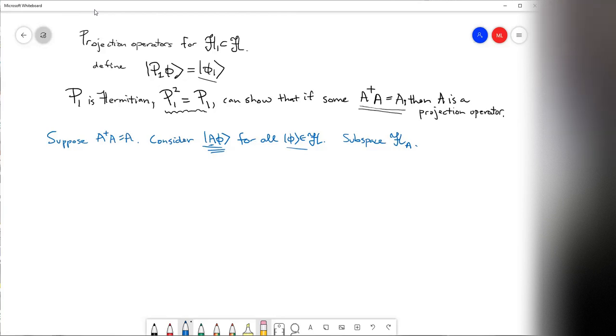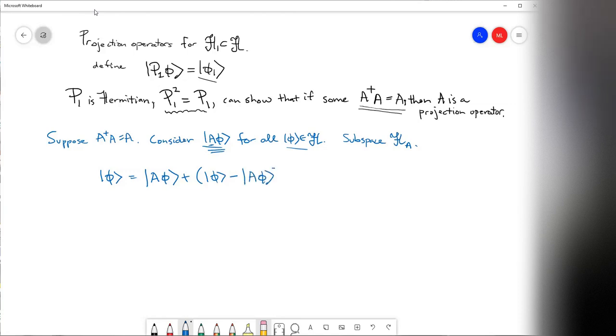So, what would that mean? It would mean that we could take any phi in general and decompose it in the following way. We can write a kind of funny thing. We can write it as A phi, and then we add and subtract the same thing: A phi plus phi minus A phi.